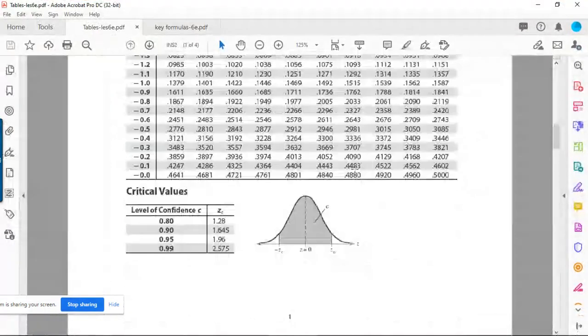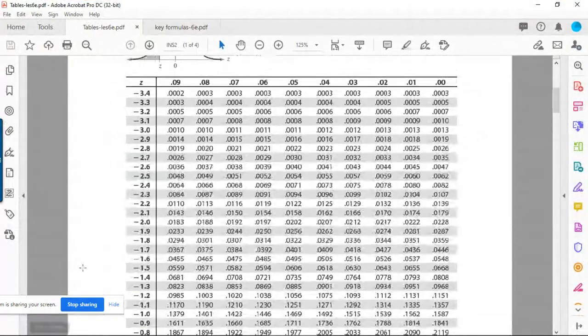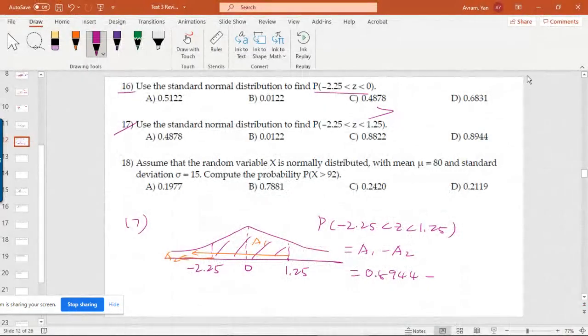The z-score is negative 2.25, which is right here. It's 0.0122. So you can just do the calculation right here. That'll be 0.8822. Okay, so we do have an answer in here.